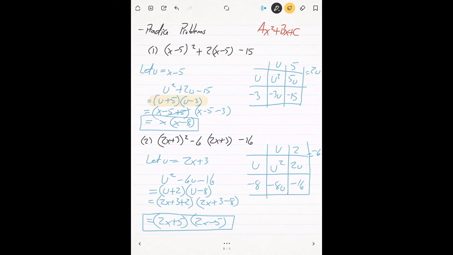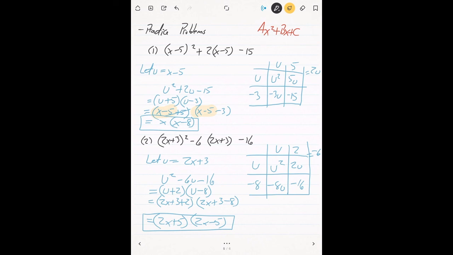However, I needed to not only just factor down the form, but I needed to sub back in what u was. So that's where we sub in the x minus 5 and the x minus 5. So x minus 5 plus 5 canceled, so we just had x for the first one. And then x minus 5 minus 3 just gave us an x minus 8 as our final answer.